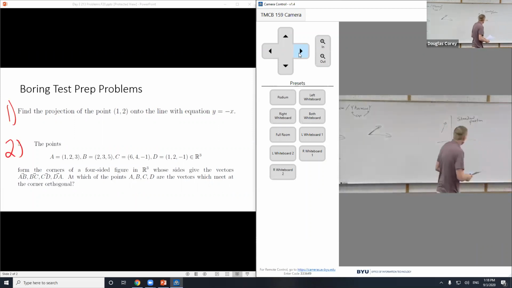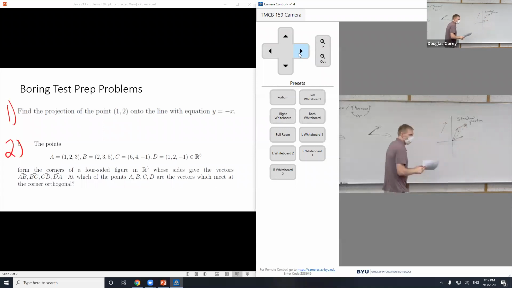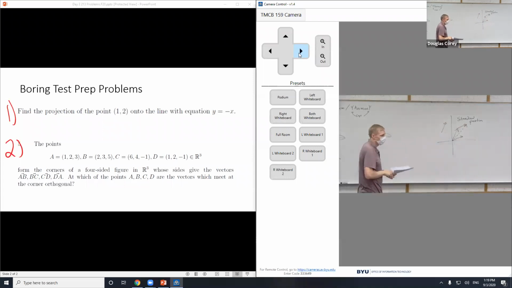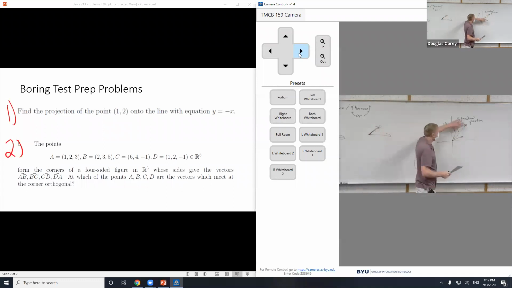Is there a benefit to having a vector in a non-standard position? Yes, when we start adding vectors, we will put one in non-standard position. If I want to see what happens if I add this vector to this vector, one way to make sense of that is to displace it and put it up here, and then see where I'm going to end up. I'm going to end up at this position right there. So this vector is now in non-standard position. With this geometric representation, you can do that.